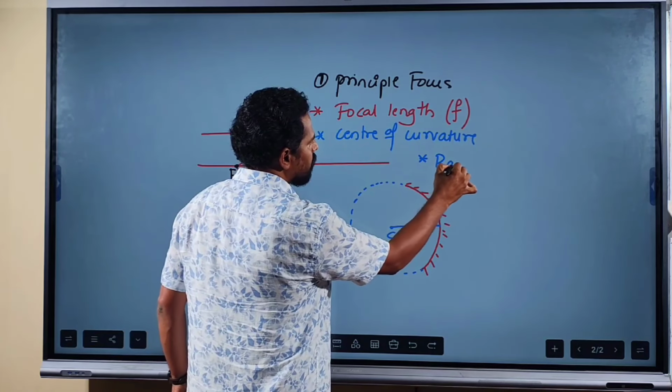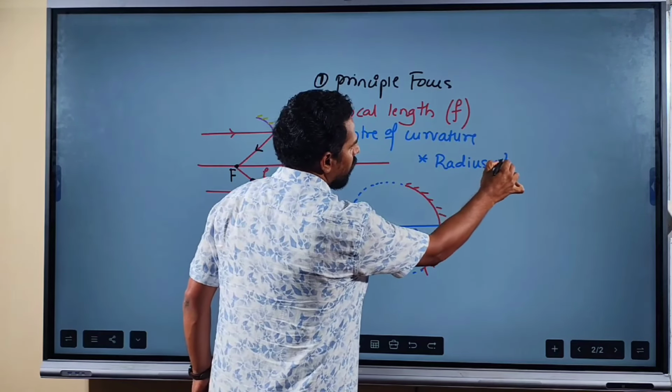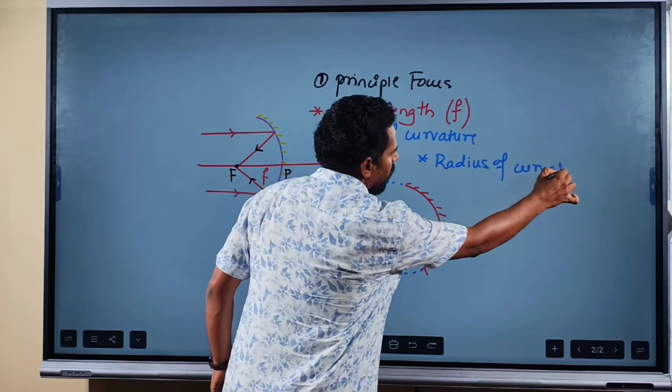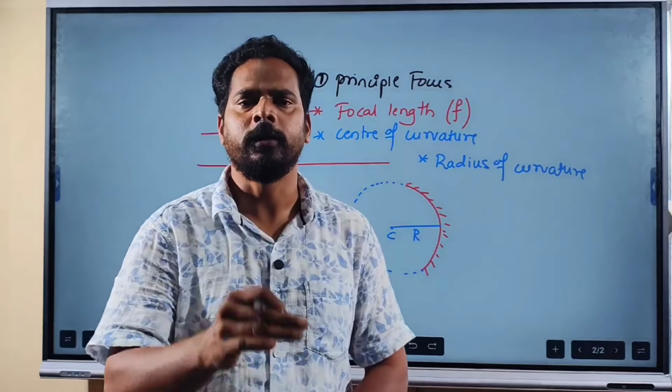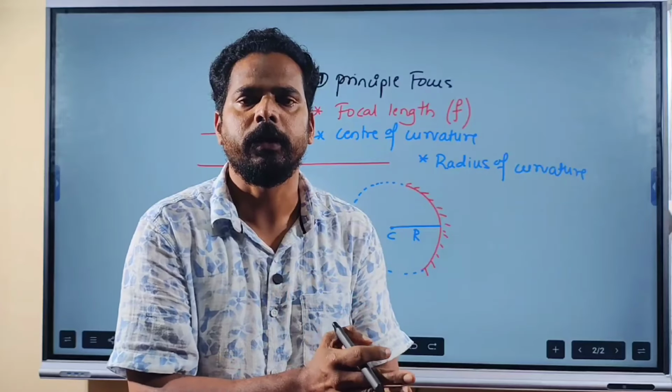This radius is called the radius of curvature. Clear? So these are the important terms related to spherical mirrors.